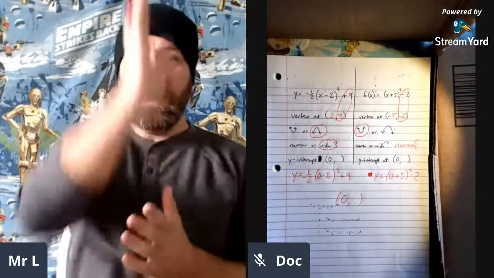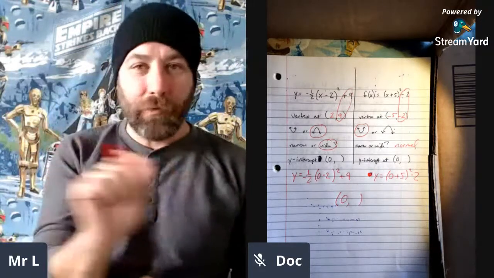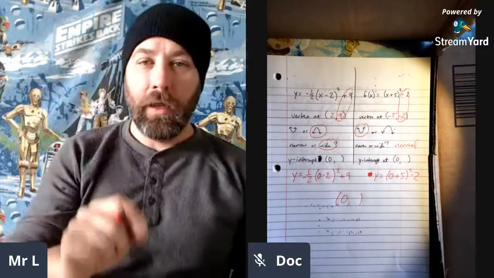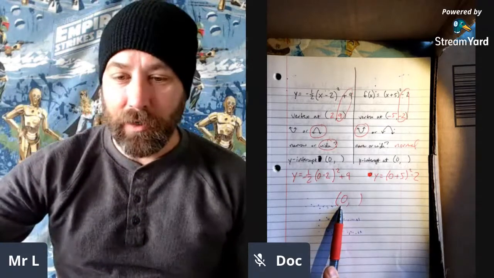Every y-intercept is on the y-axis. That means you're not going left or right anywhere. You're only moving up or down, which means your x-coordinate has to be 0.